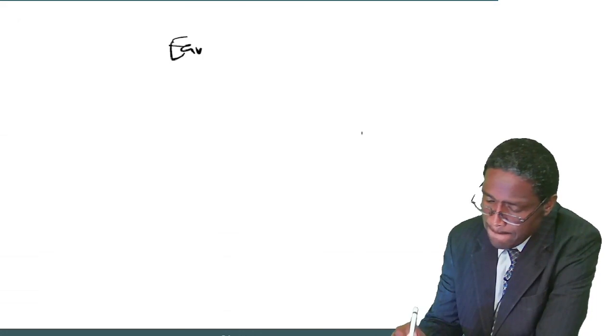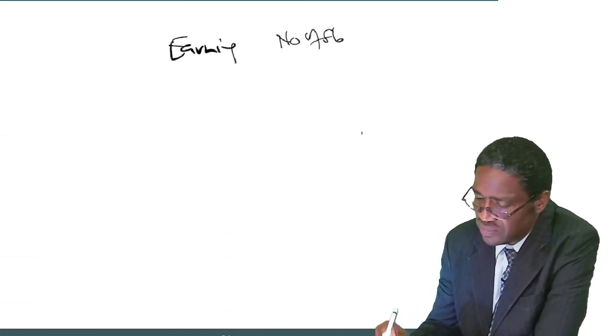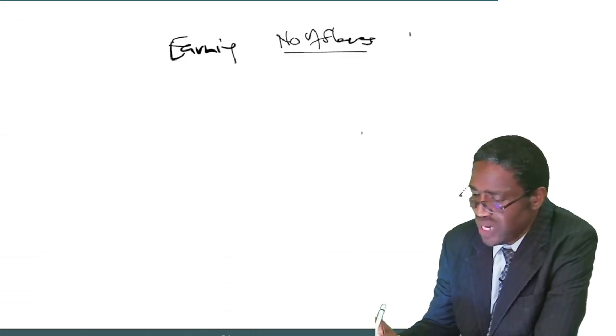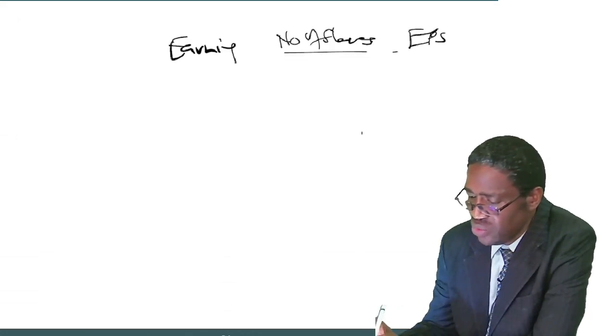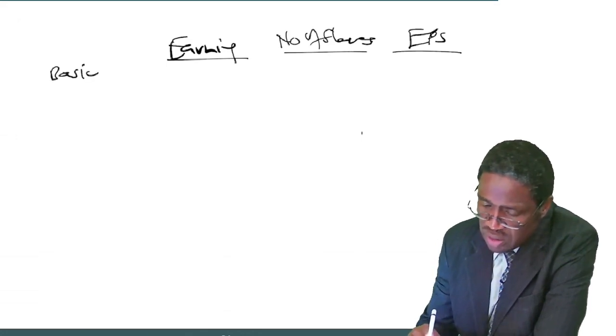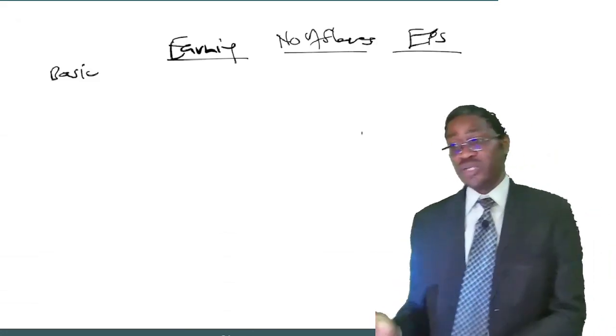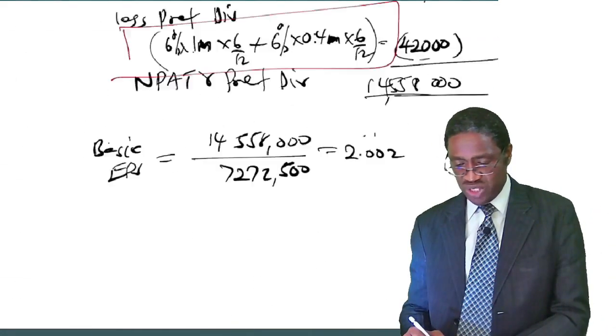So you say earnings, number of shares, and EPS. We want to start diluting the basic one. For basic, you don't repeat it again. We already computed it. It's only that we bring it here so that we start diluting it.